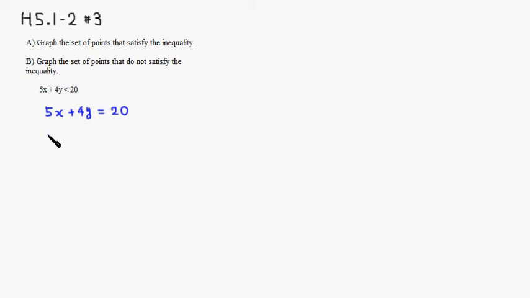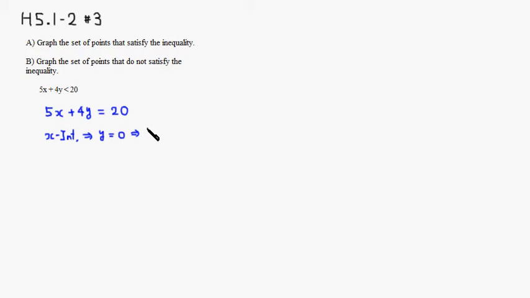In order to find the x-intercept, there's only one, I'm going to set y equal to 0, which means the second term is 0.